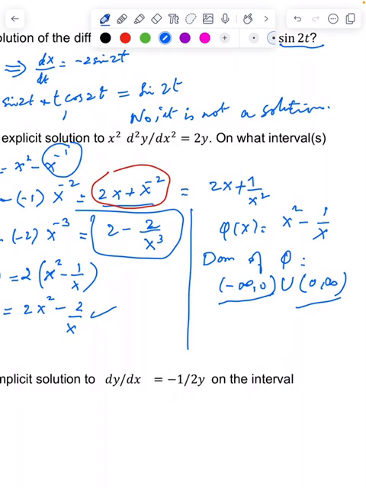But if the question says, show that this is a solution on 0 to infinity, then yes, that is true. And if it says it is a solution on minus infinity to 0, that is also correct. So separately they are correct, and combined also they are correct.